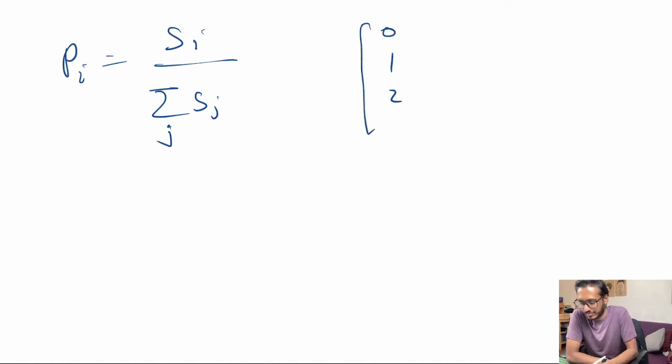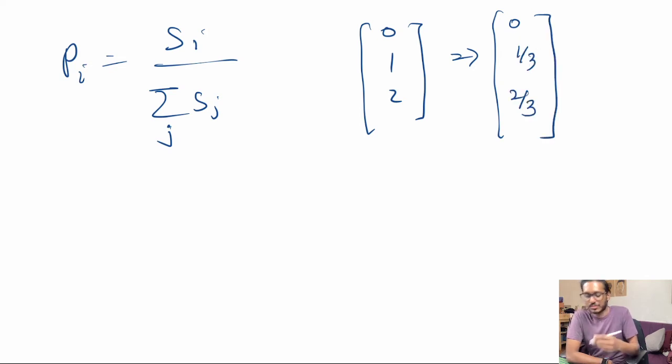Here we get the probabilities 0 divided by 3, which is 0, then 1 divided by 3, then 2 out of 3.